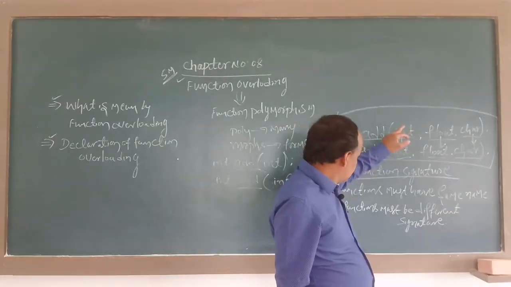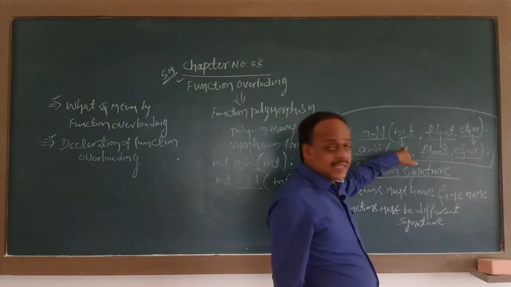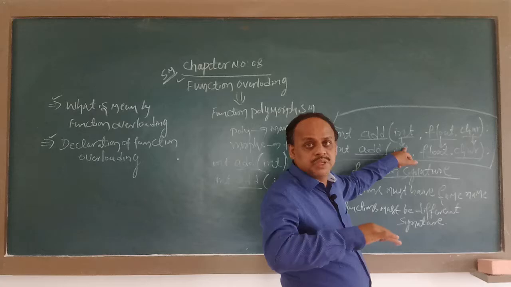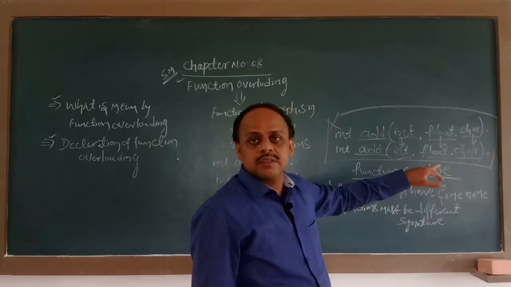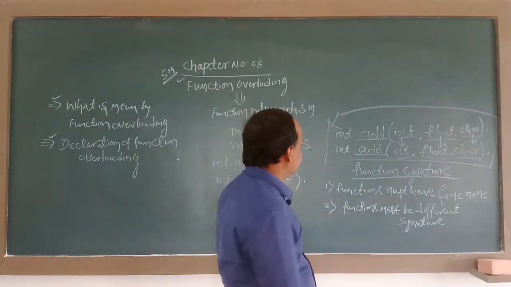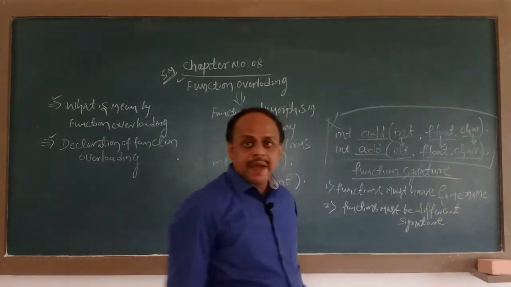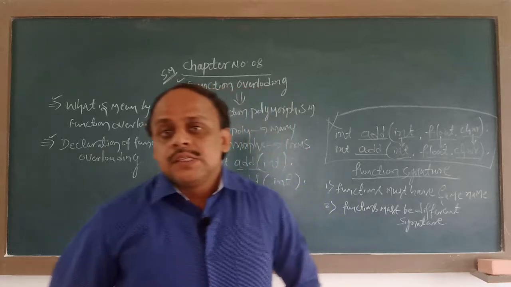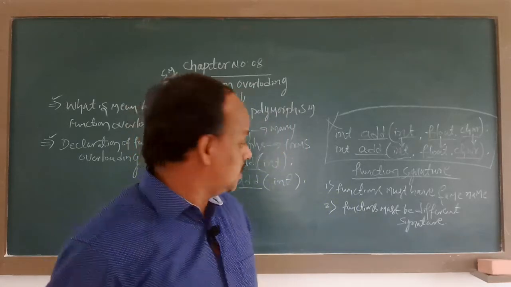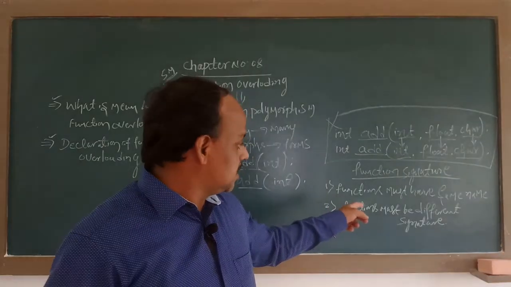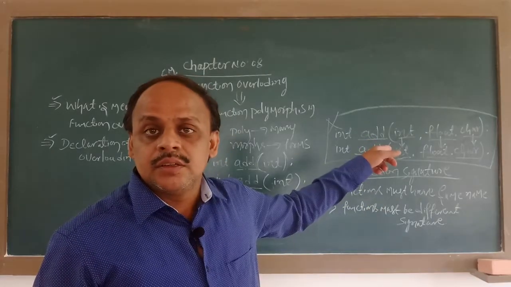No. Here the function signature is the same, and we must avoid that. But check here, int, float, char. The parameter list is matching, and a matching parameter list means the function signature is there.